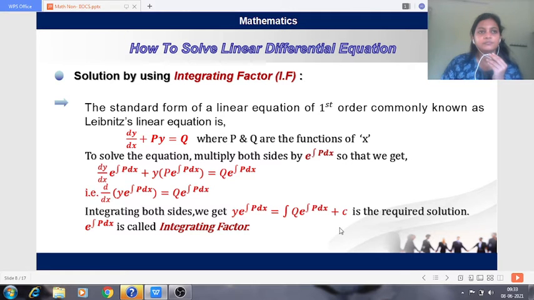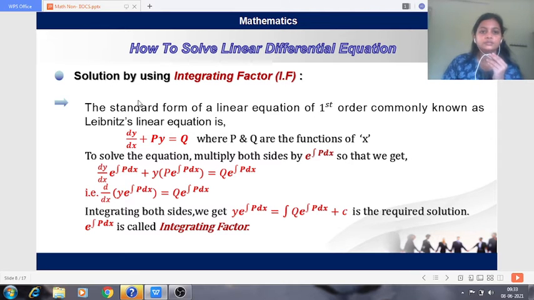Now we see how to solve the linear differential equation. There is many methods of solving linear differential equation. Here we discuss about a method which is using integrating factor, that is solution by using integrating factor. Now we see how to solve problems by using integrating factor.